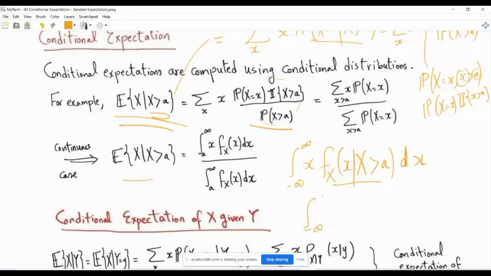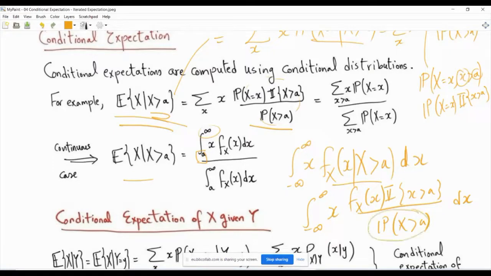So it is the integral from minus infinity to infinity of x times the PDF of x, times the indicator of small x greater than a, divided by the probability that big X is greater than a, dx. The indicator will make you integrate from a to infinity. In the denominator we have the probability that big X is greater than a, which is the integral of the PDF from a to infinity. Then we have the integral of x f of x, which is right here, but note again that you have integration from a to infinity because of the indicator, and we have the probability that big X is greater than big A in the denominator.